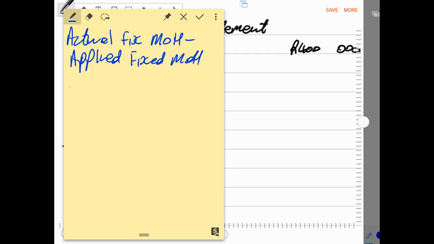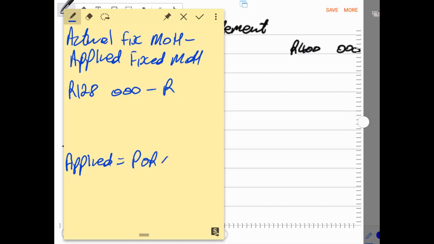We know that our actual fixed manufacturing overheads is 128,000 rands. When it comes to applied, we know that applied is equal to POR times actual base. And our POR is 5 rand per machine hour.